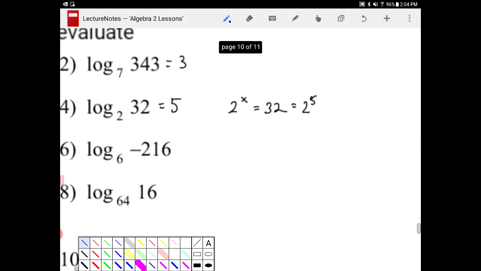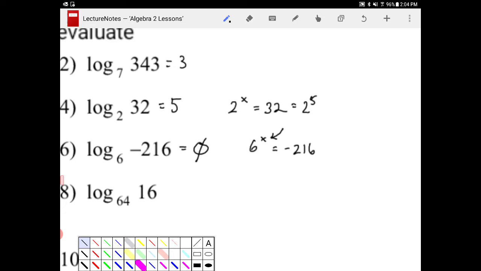Let's do the next one here. So again, this is equal to something, and I'm calling that x. So this is saying 6 to the x is equal to negative 216. This is impossible because there's no number that I can substitute in for x that will give me a negative answer as a result. So because of this, there's no solution.